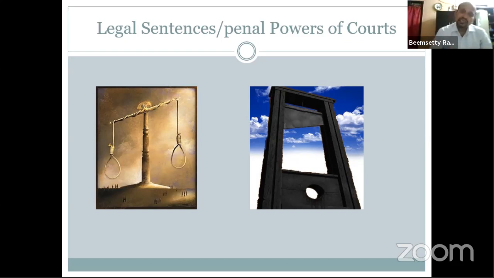In district level, second class judicial magistrate is there. Above the second class judicial magistrate is the first class judicial magistrate, then above that, the chief judicial magistrate. If these courts are present in metropolitan cities like Bombay, Kolkata, Chennai, Delhi, they'll be called metropolitan magistrate.